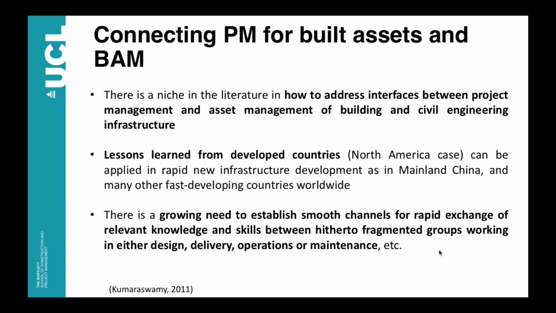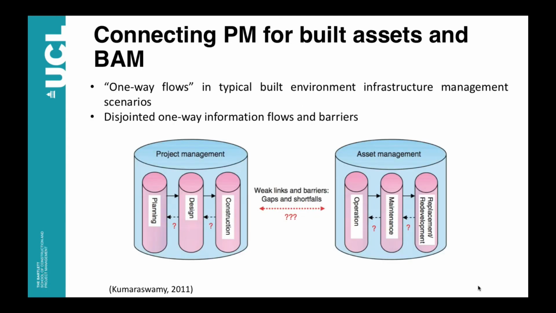So it's clear that there is a need to establish the channels for exchange of relevant information and skills between working groups in the design, delivery, operation, and maintenance stages of a construction project. In a typical construction project, we can find the project management and the asset management working as independent entities.